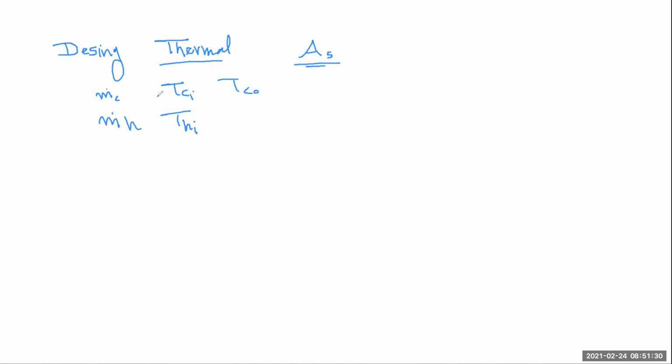So we know at least three temperatures here. Actually, knowing three temperatures means that you have them all, because Q is m dot cold, Cp cold, T cold out minus T cold in. It is also m dot hot, Cp hot, T hot in minus T hot out. So if you know three temperatures, you can get the fourth.